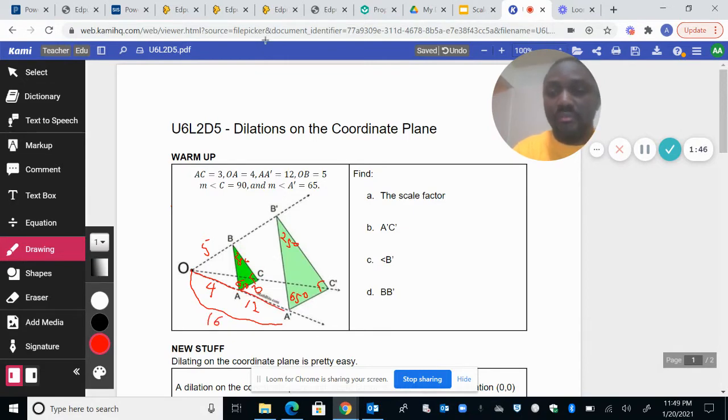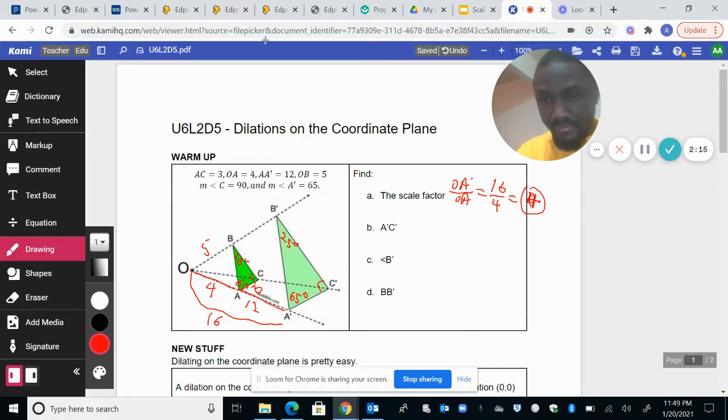And since triangle A prime, B prime, C prime is the image and it's bigger than triangle ABC, which is the pre-image, we're going to have an enlargement here. So we take OA prime over OA, which gives us 16 over 4, which equals 4. So our scale factor here is 4.